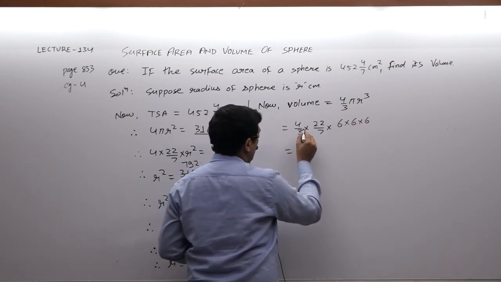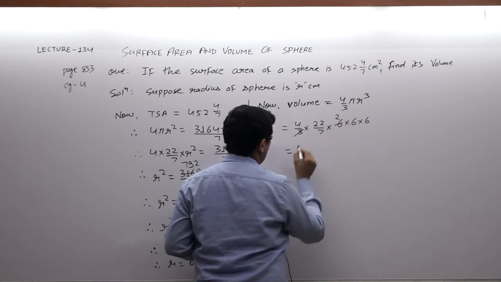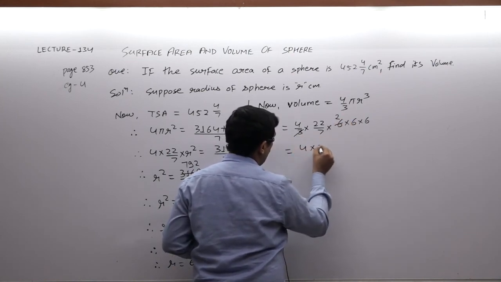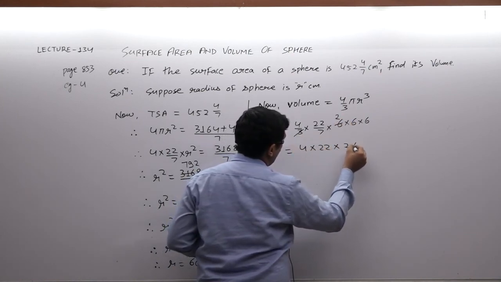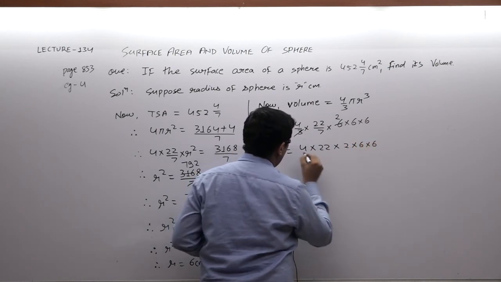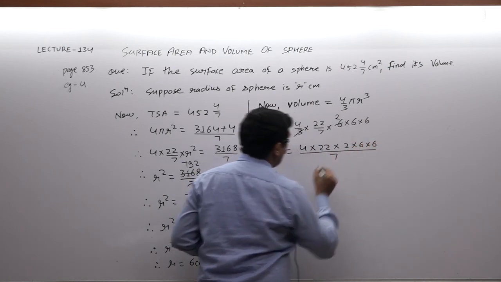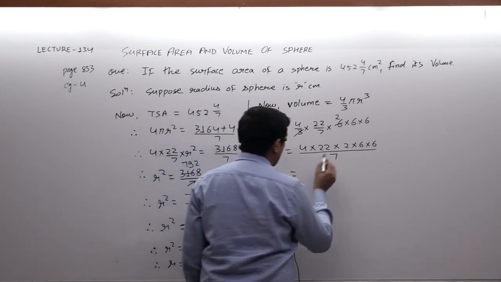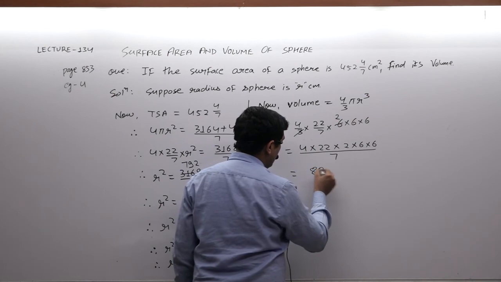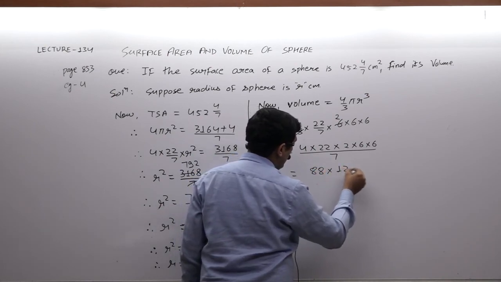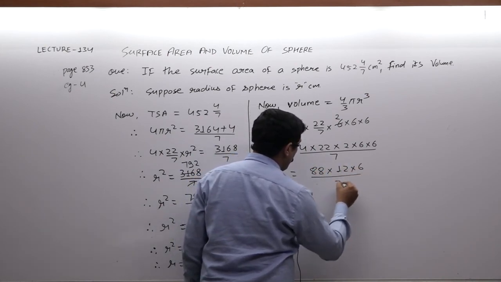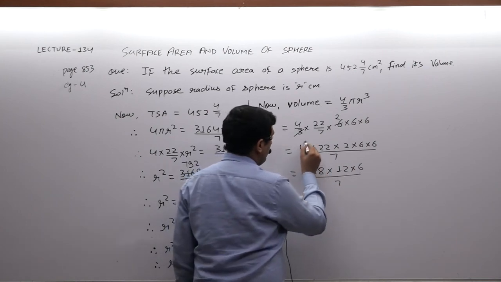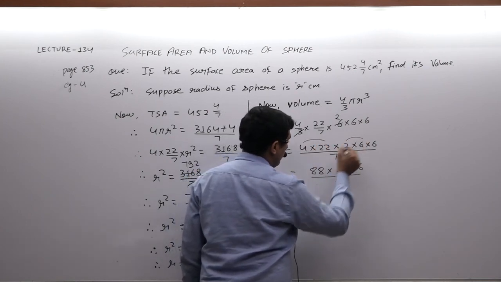So here I can cancel this 3. 2s are 6. So 4 multiplied by 22 multiplied by 2 multiplied by 6 multiplied by 6 divided by 7. Okay. So here if I multiply, 88 into 12 into 6 upon 7.